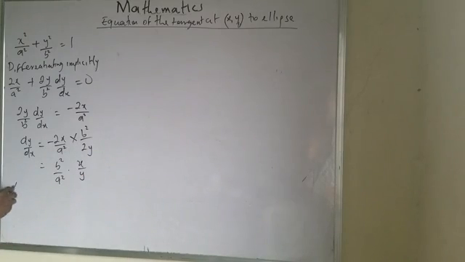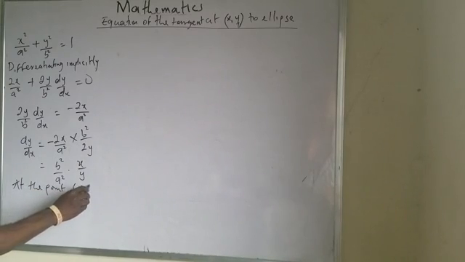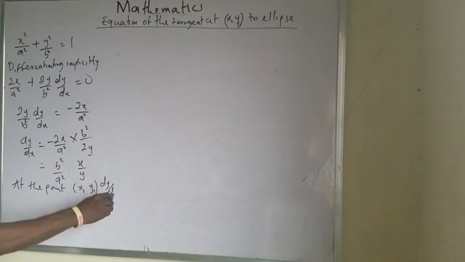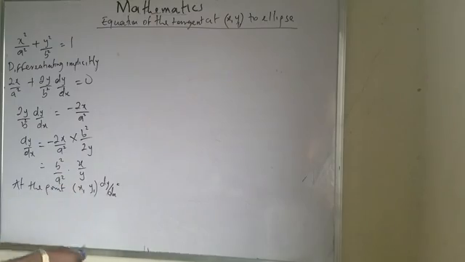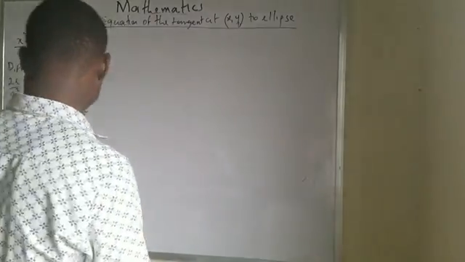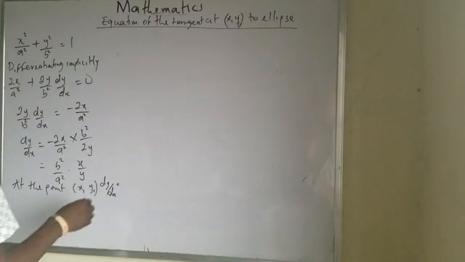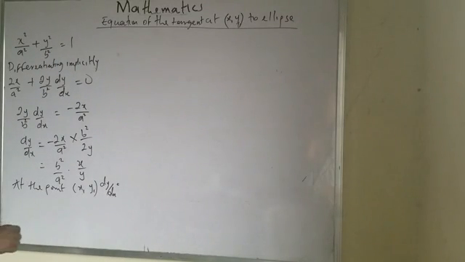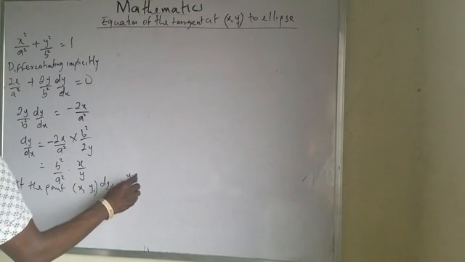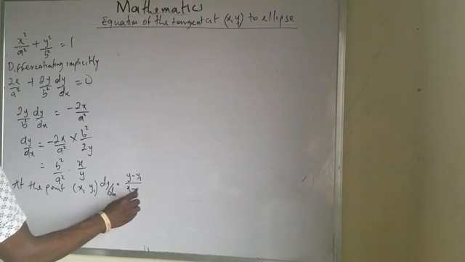Now, at the point (x1, y1), dy/dx will be equal to, we know what is called the gradient, y minus y1 over x minus x1.